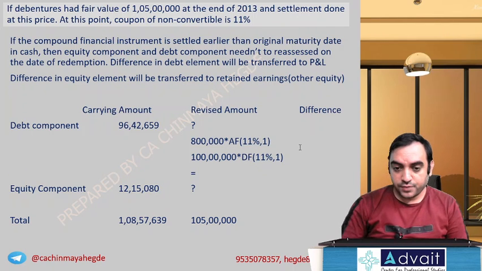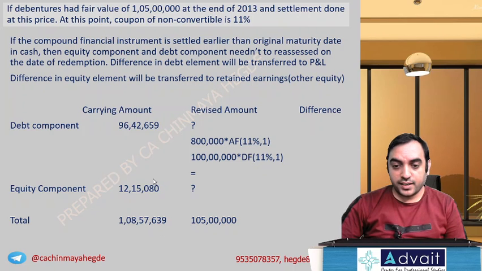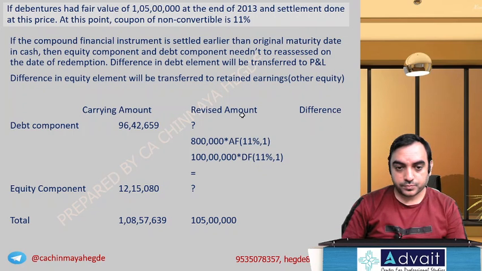How much does it come to if I calculate? Same factor only I'll get. 0.9009, right? Discounting factor.